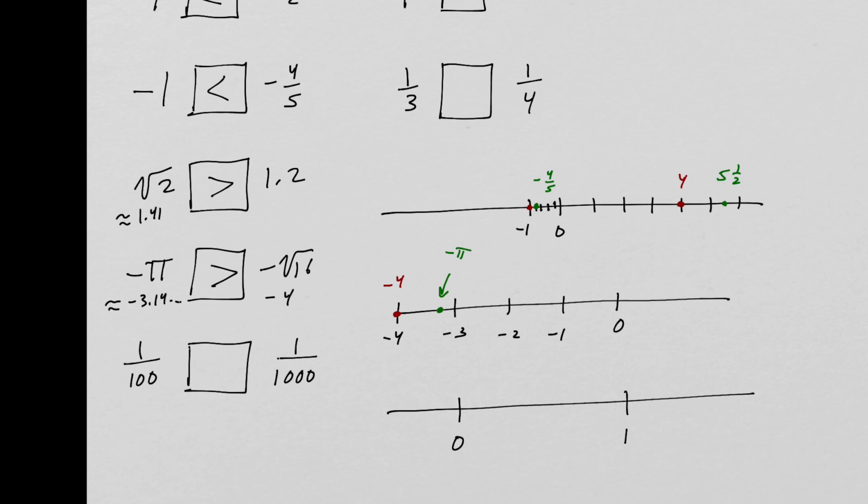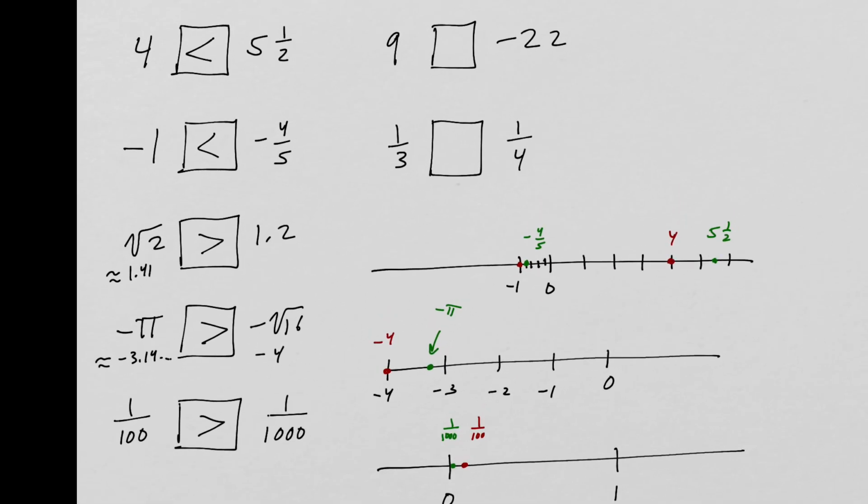I'm not exactly drawing to scale, but let's say this is 1/100. 1/1,000 is if I split this up into 1,000 pieces, and it's just one piece to the right of 0, so that would be right here. Very, very small. So since 1/100 is to the right of 1/1,000, it's going to be greater than.